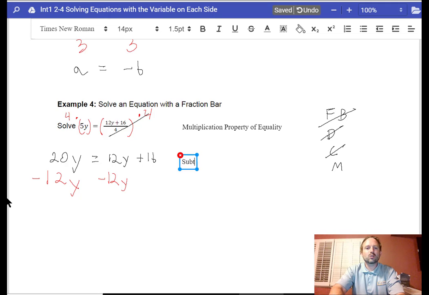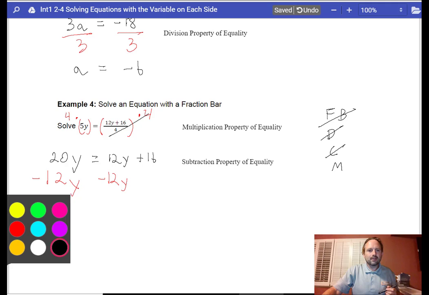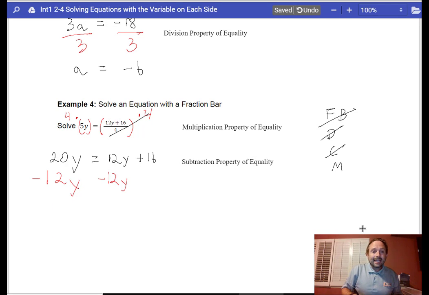So that would be the subtraction property of equality. So let's go back. I would be left with 8y is equal to 16. Oh, 16, not 12, 16. So it's going to be times 2.